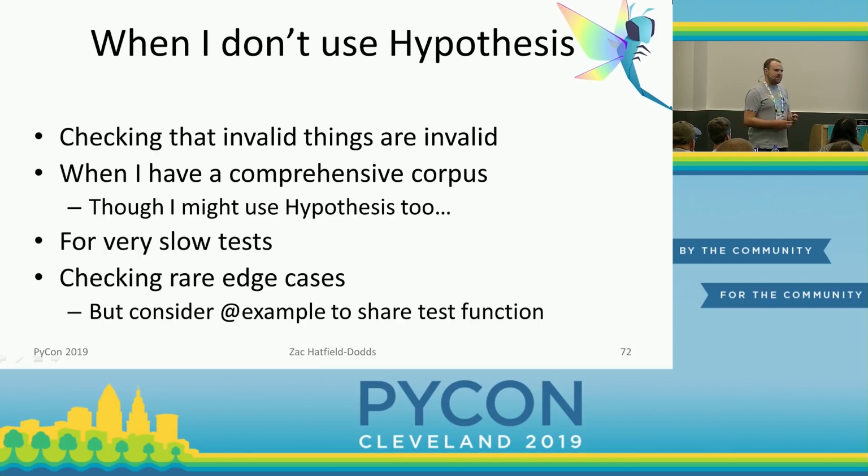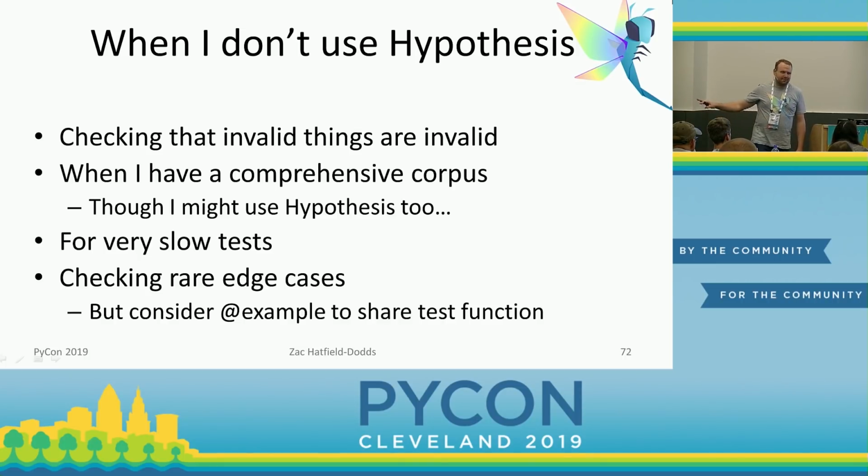One that's really useful is where you have a comprehensive test suite designed for some kind of implementation of a standard. Often that means you can just run against 1,000 test cases that are quite widely used. And in that case, I generally use Hypothesis as well, but I'll implement that test first to make sure that I'm testing all of the standard cases that people know can cause bugs. For very slow tests, running them 100 or 1,000 times is just intolerably slow.